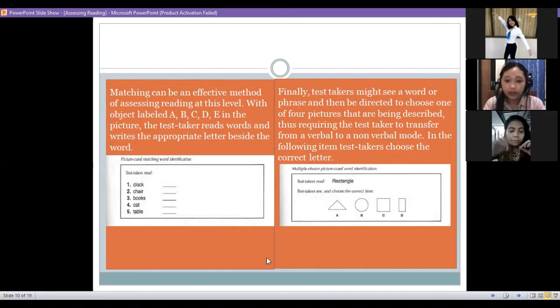For example, multiple choice picture-cued word identification. The test taker reads rectangle, and then sees and chooses the correct item. The test taker can circle the correct answer. If the correct answer is D, the test taker can circle D.